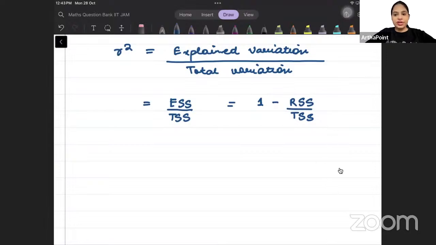We need to show that there is a relationship between this coefficient of determination and the correlation coefficient.